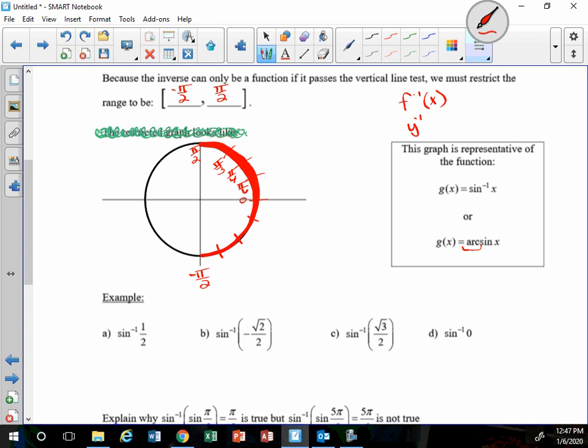It is +3π/2 or -π/2. Remember, negative angles just mean you go backwards. So like right here, if I went all the way around the circle, this would be 11π/6, right? Okay. I don't want to use 11π/6, so what's another way I can name that? -π/6? Oh, that's what we're doing, yeah.